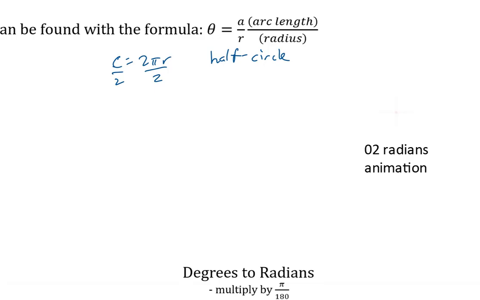So our arc length for half a circle, 2 divided by 2 is gone, is pi times r. So that's a half circle arc length. But if I want to talk about the angle measure, we're going to do it in radians. We will relate it to degrees as well. Divide both sides by r. To get a half circle, our angle would be pi.